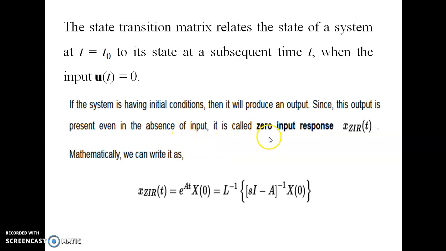Mathematically we can write it as x ZIR of t, the zero input response, is equal to e raised to At into x of 0, that is equal to inverse Laplace transform of (sI minus A) inverse into x of 0.